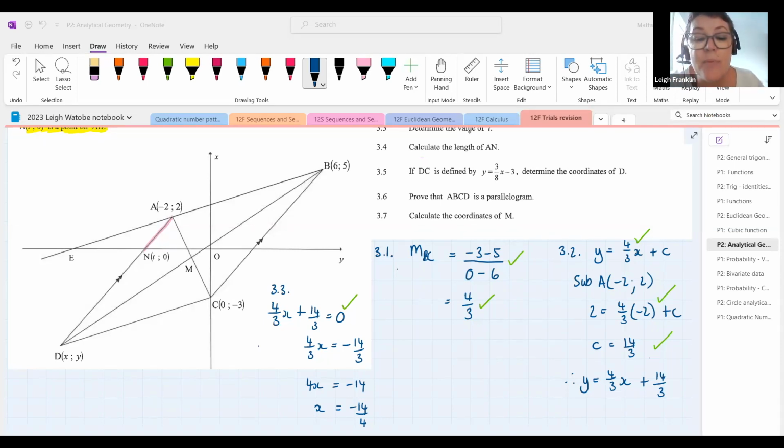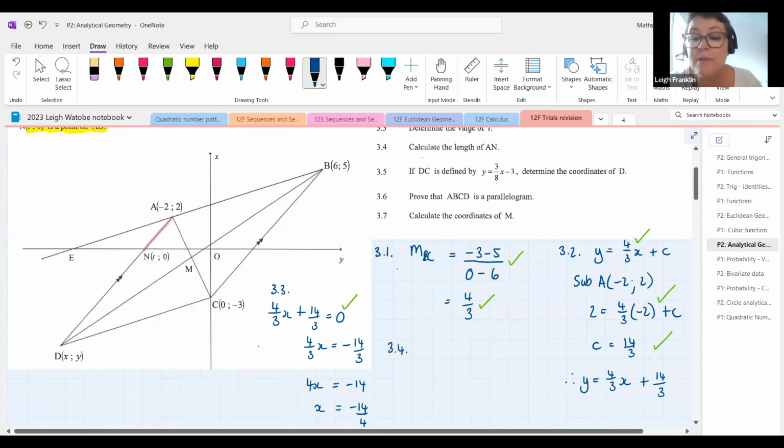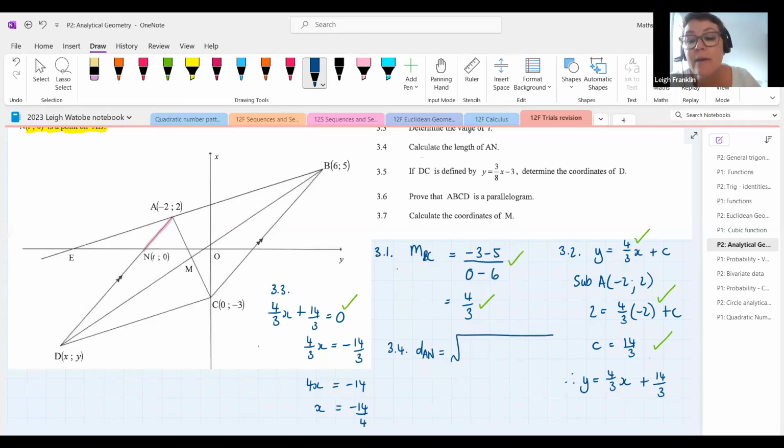So we're going to sub into the distance formula. I'm going to squeeze it in over here. We're calculating the distance of AN, and I want the difference in x squared plus the difference in y squared. If I start with minus 2, then it would end up being plus 7 over 2 squared.